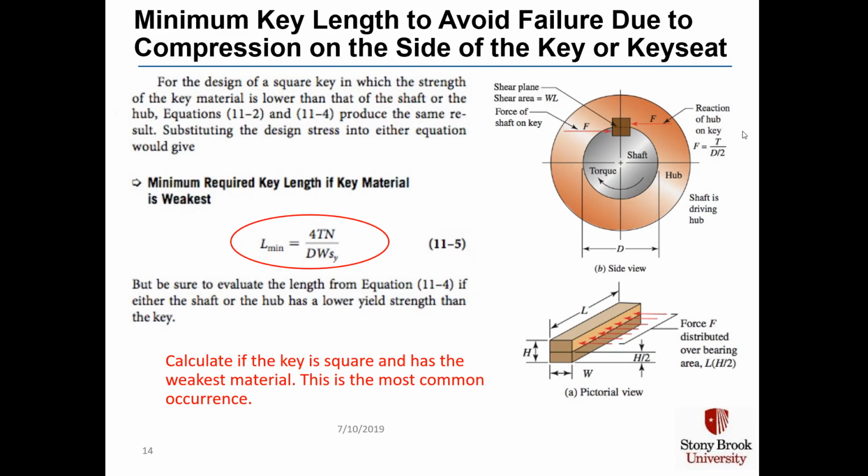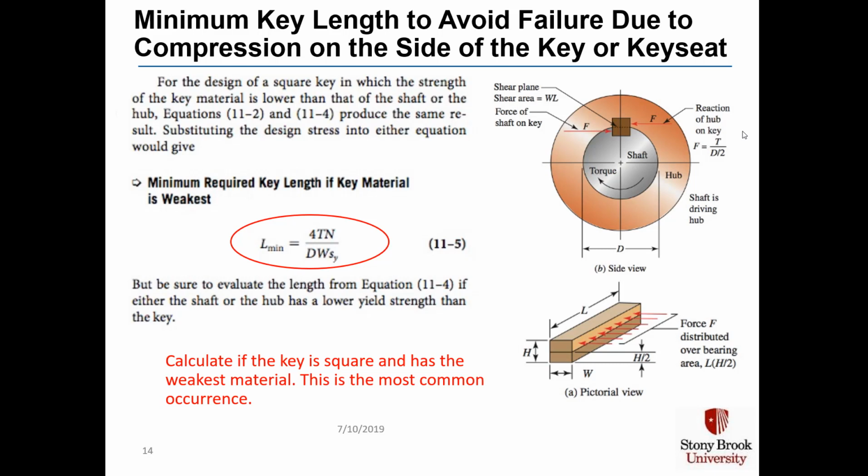So for the design of a square key in which the strength of the key is lower than that of the shaft, we combine equations 11.2 and 11.4, and we produce the same result either way. Substituting the design stress into either equation gives us the formula L equals 4 times the torque times the safety factor N divided by the diameter of the shaft times the width of the key times the yield strength.